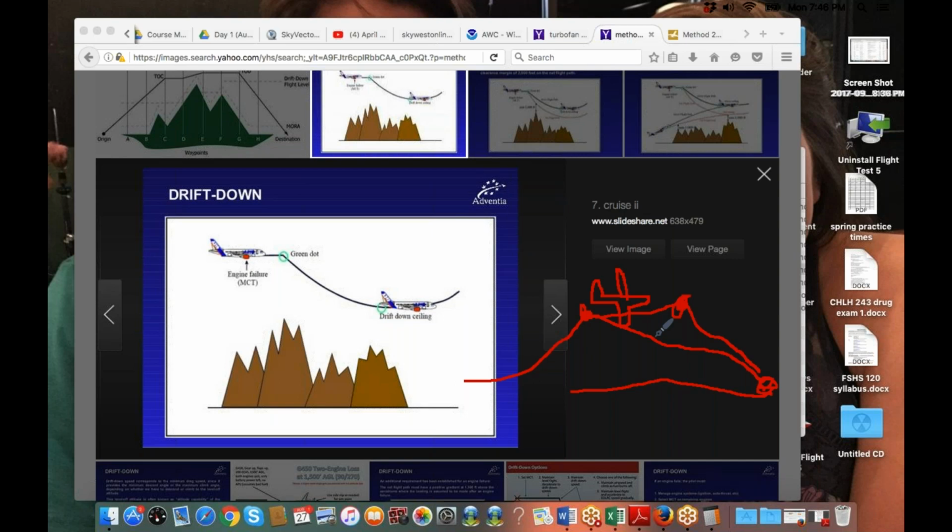So some of them can actually just fly with one engine. I mean, if you get on one of the new Neos, like the A321 Neos, or the 737 Maxes, you could probably take off and make it all the way to your cruise and land with only one engine.